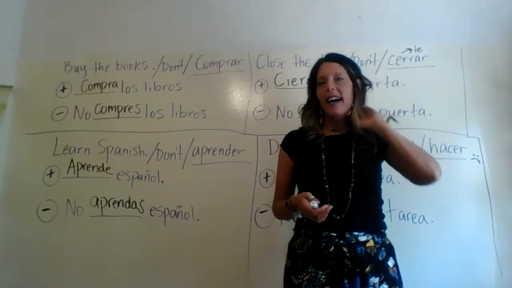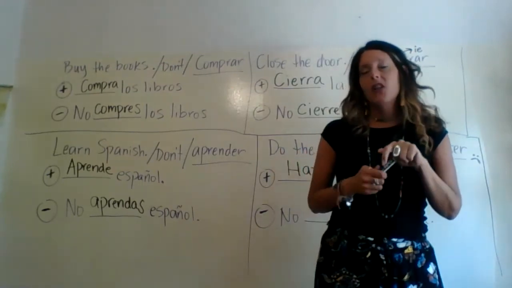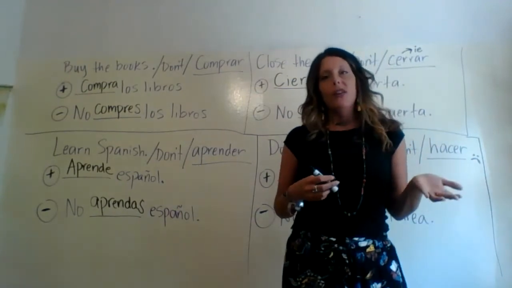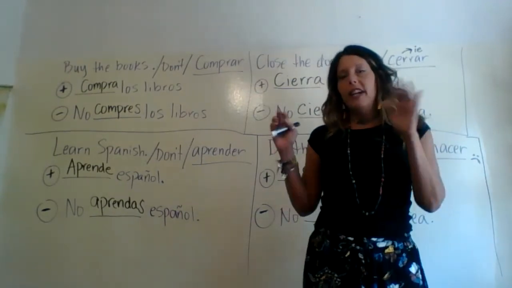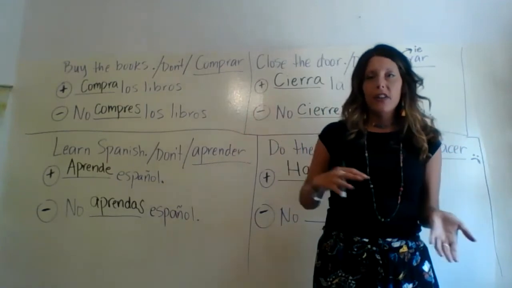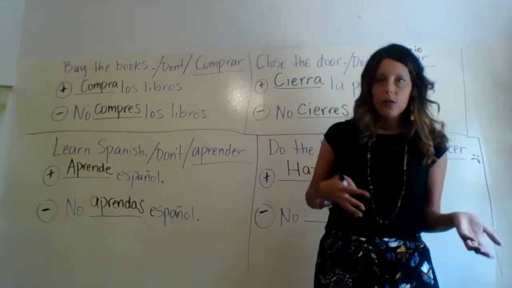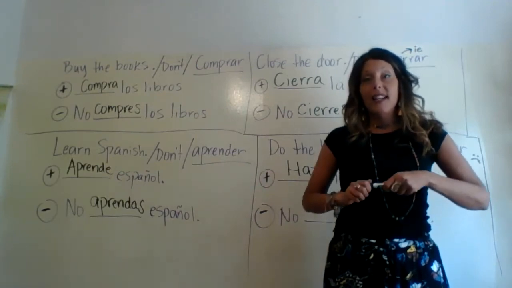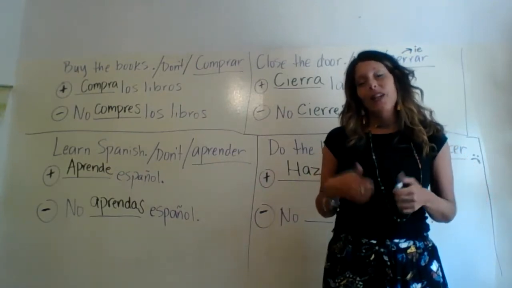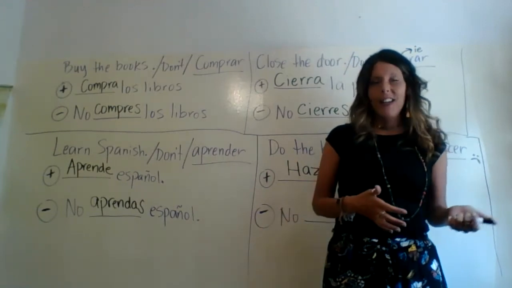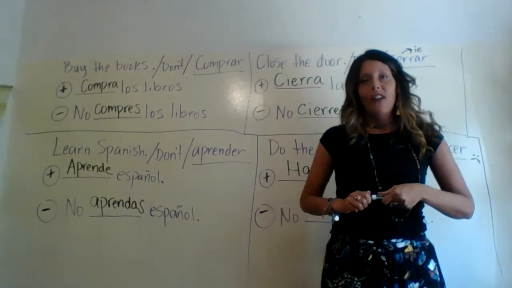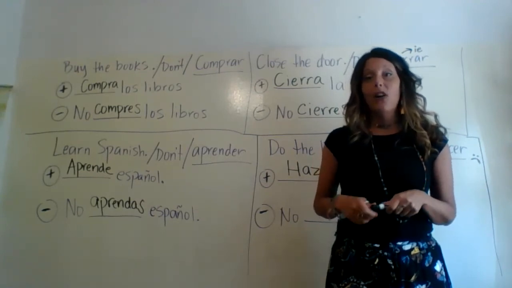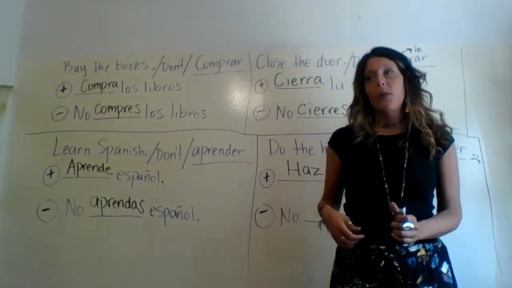So when we were looking at formal usted commands, we looked at so many different categories of formal usted commands. We looked at regular and irregular and stem change and spell change and car-gar-zar and whatever. So this is where all of that is going to come back to haunt us. So if we need to refresh that, let's go back and watch the video on conjugating different kinds of verbs as formal usted commands.